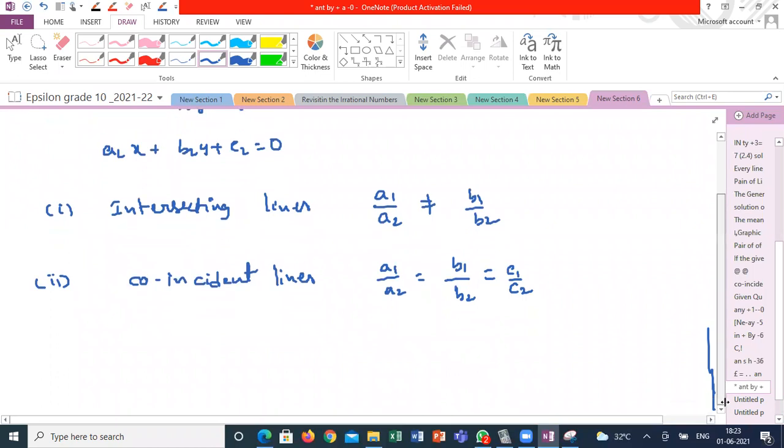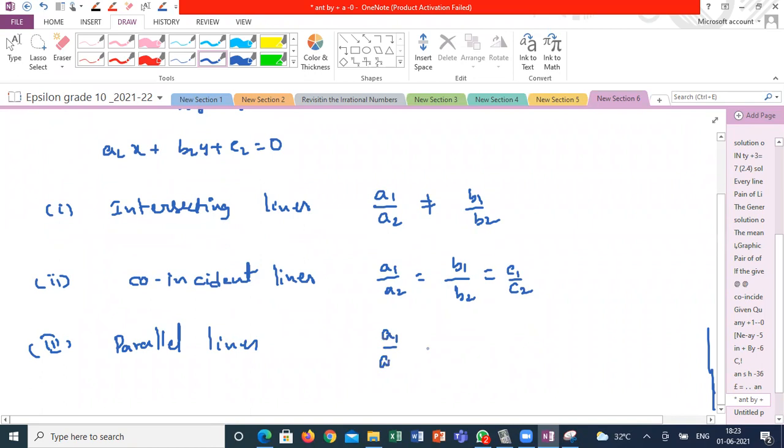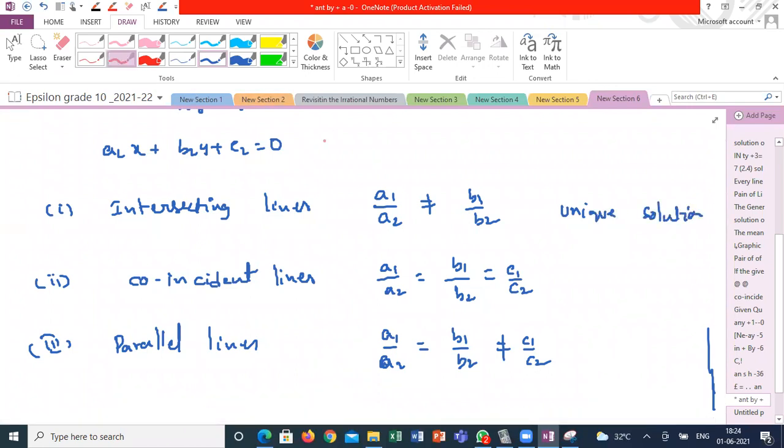Anyone? a1 by a2 should be equal to b1 by b2 and it is not equal to c1 by c2. This represents parallel lines. Here, a unique solution or only one solution. That solution is the point of intersection of both the lines.